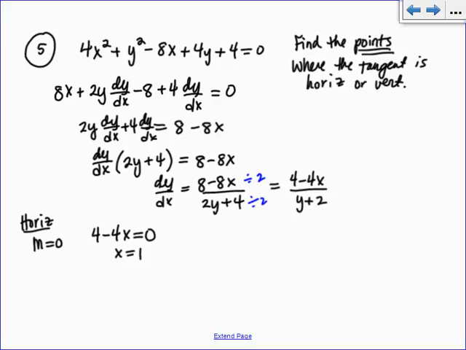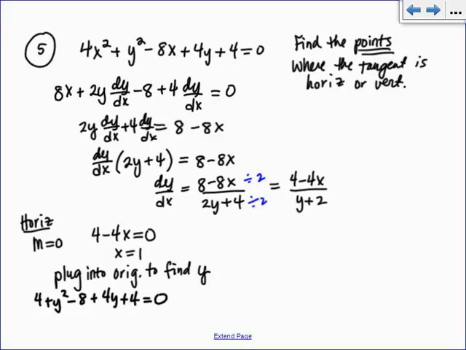So how do I find that y coordinate that goes with it? How have we done that in the past? Yeah, just go back to the original. We're going to go back to the original and plug in. So plug into original to find the y. Only it's kind of gross, because when we're plugging into the original, we're going to have 4 plus y squared minus 8 plus 4y plus 4 equals 0.